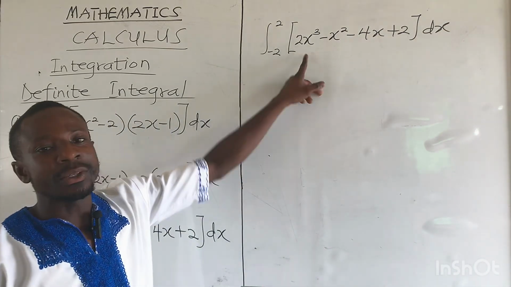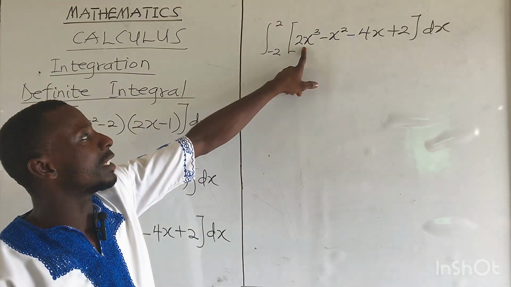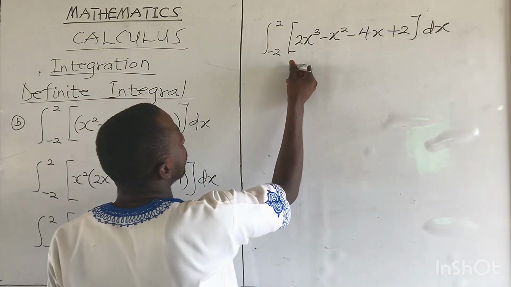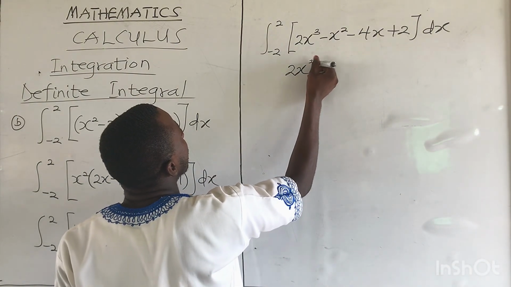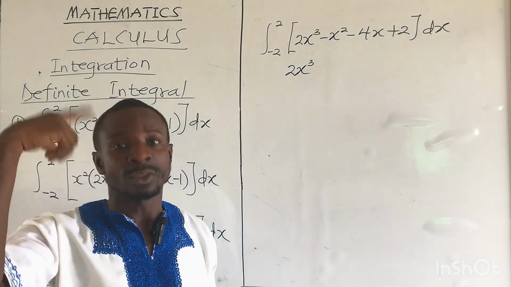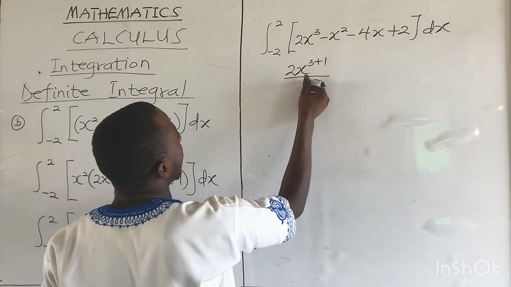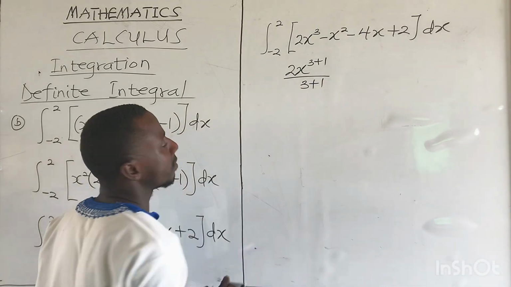Now we are going to integrate them one by one. When I integrate 2x cubed, with the integration we are going to add 1 to the exponent, so plus 1 all over 3 plus 1.